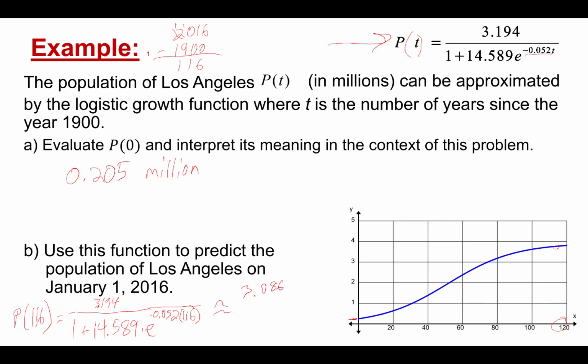Yeah. So that's approximately 3.086, and this is in millions of people. Interestingly enough, we can't actually look at 2016 because the census happens every 10 years. So we could look at 2020, we could look at 2010, but we can't actually look at 2016. So that's pretty interesting.